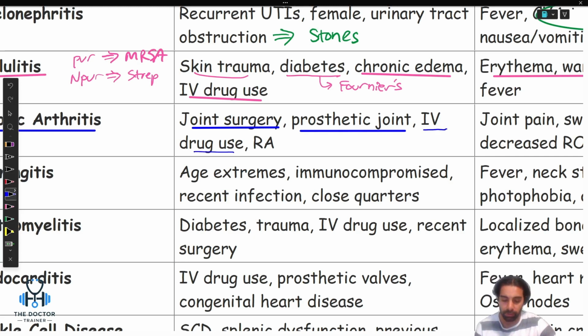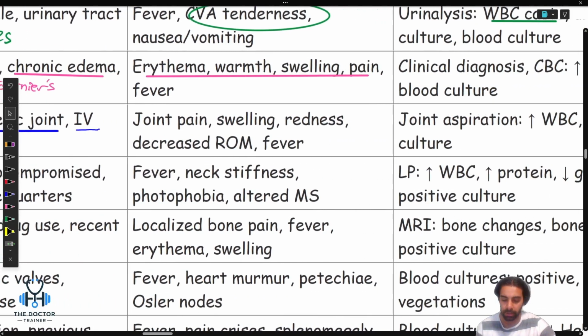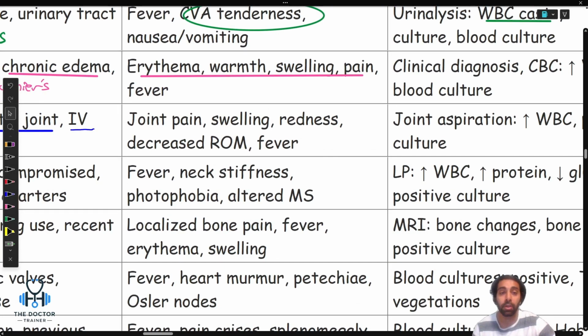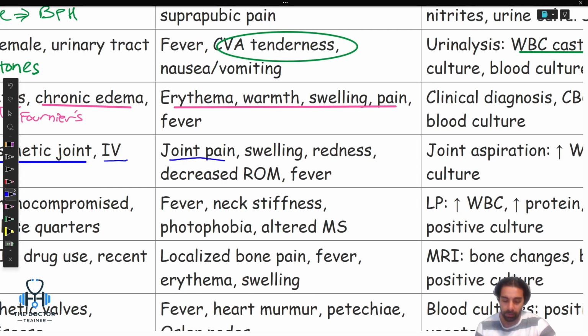And then IV drug use, of course, and then RA. These are risk factors for potential septic arthritis. So if they're just coming from the community, keep that in mind. That might be a different antibiotic coverage for those patients. It's going to be joint pain, angry, swollen, red, decreased range of motion.